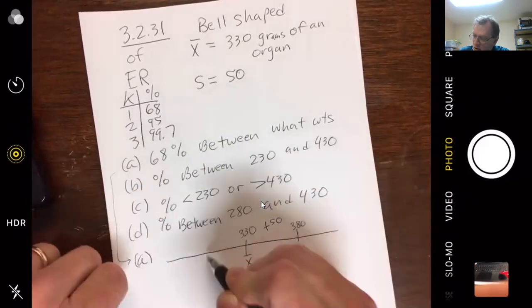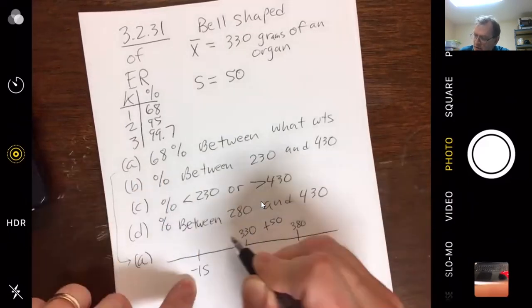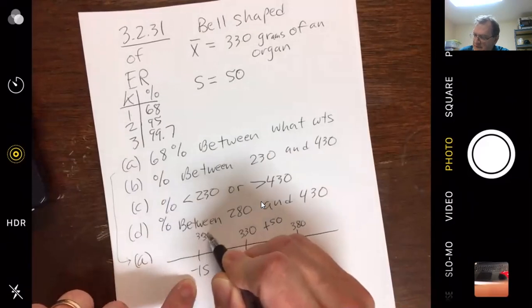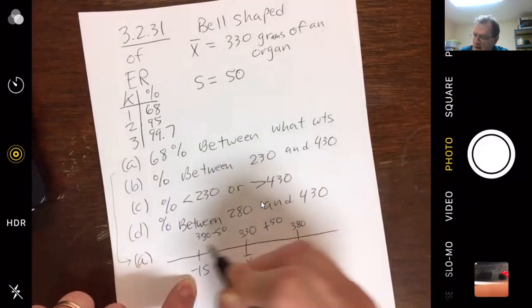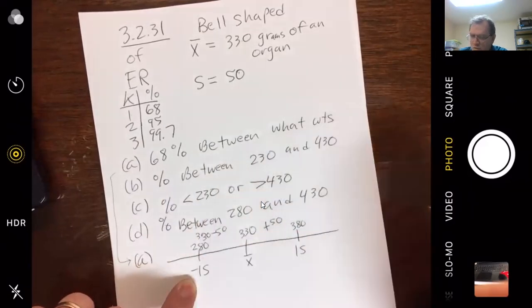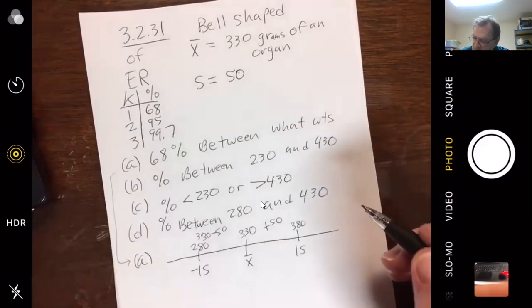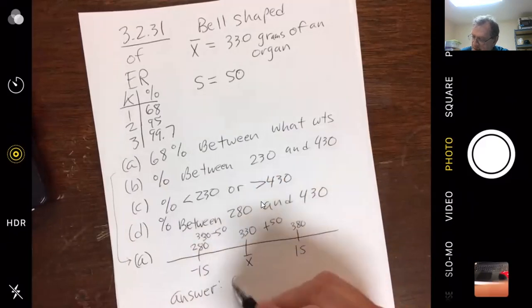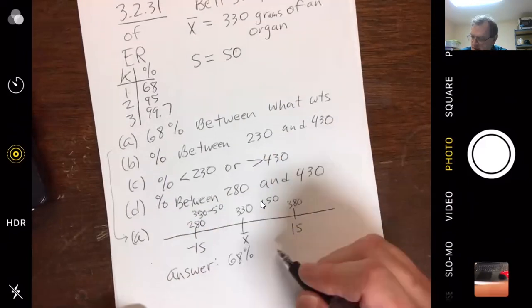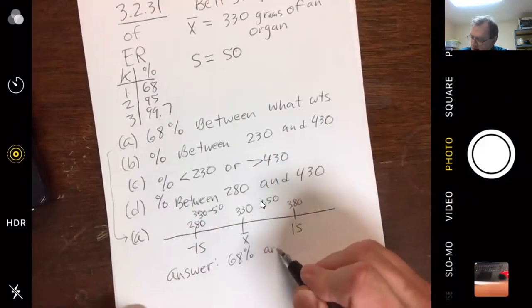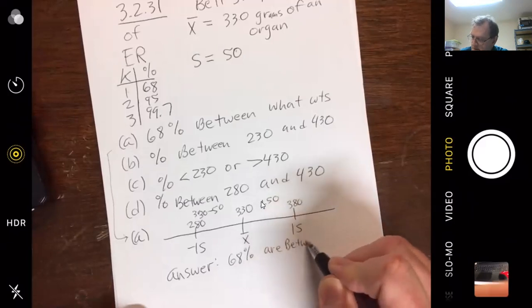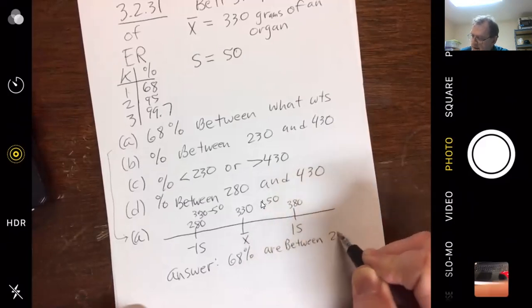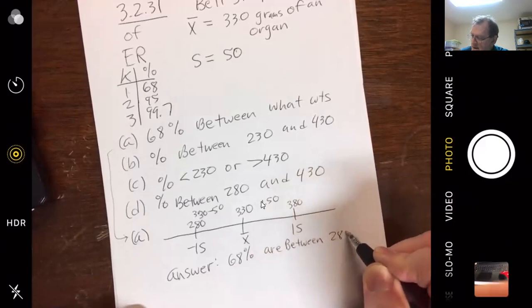And minus 1 low, you'd go 330, subtract 50. I think that'd make it 280. So the answer, 68% are between 280 and 380.